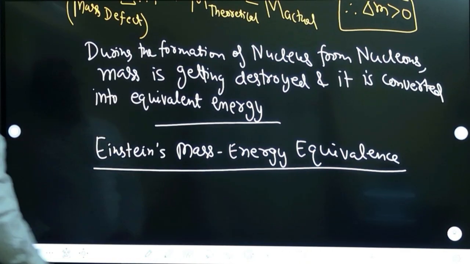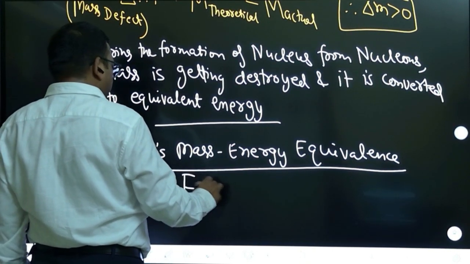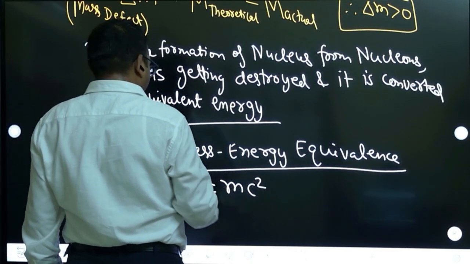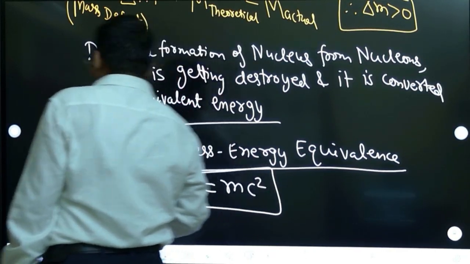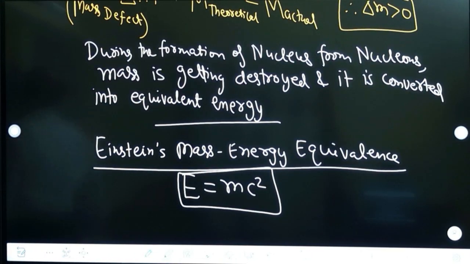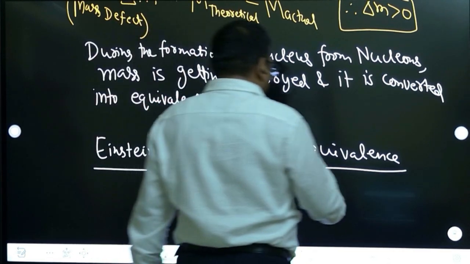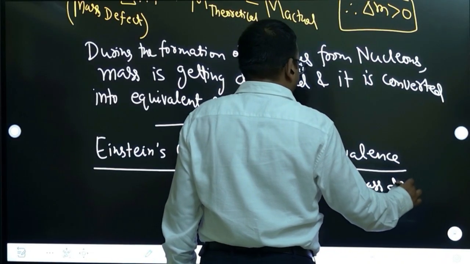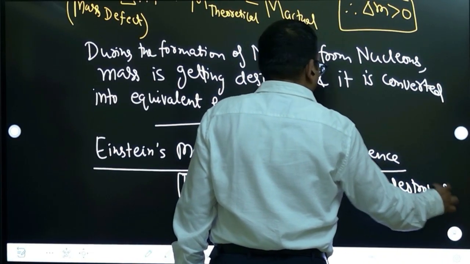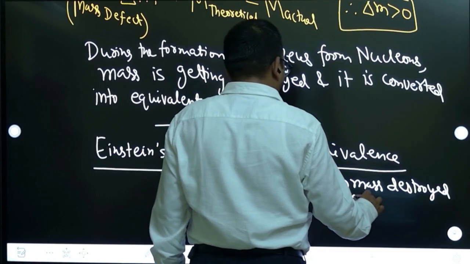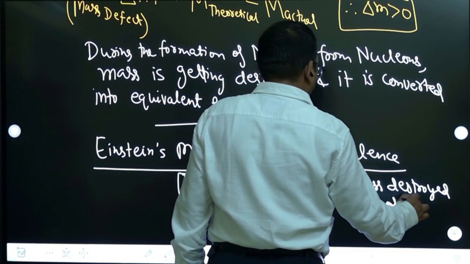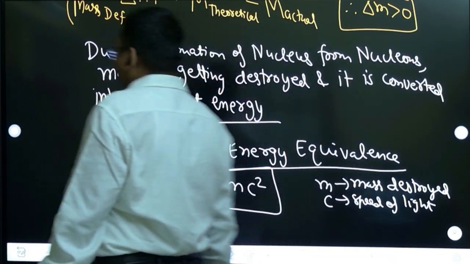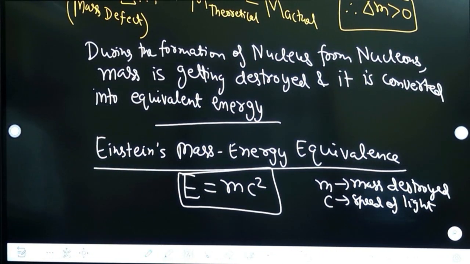That says that energy is equal to mc square. See, m is the mass destroyed, and c is the speed of light. So we can destroy some mass and you'll get a lot of energy.